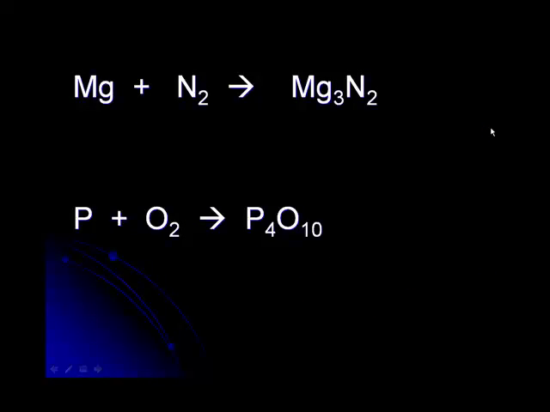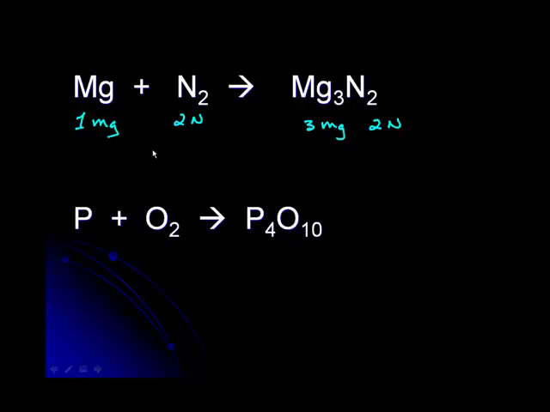Okay, let's try another one here. Mg plus N2 makes magnesium nitride, Mg3N2. So on the left, 1 Mg, and then 2 nitrogens. And on the right, I've got 3 Mgs and 2 nitrogens. Well, for the moment, the nitrogen looks good, so I want to deal with the magnesium.